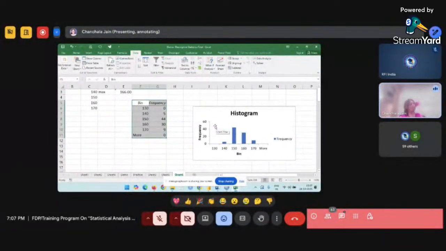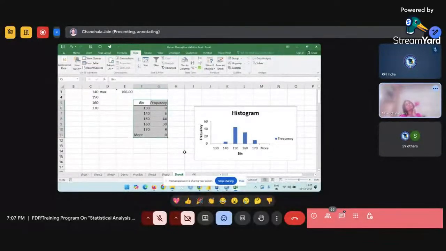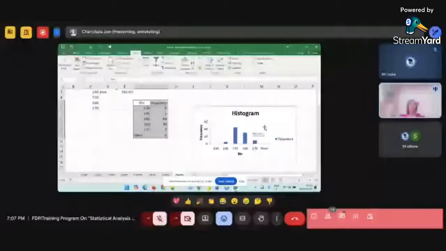This is your histogram. There are some edits you can do, that way you can remove the spaces. I'm not going into that, but it is possible to adjust everything here.